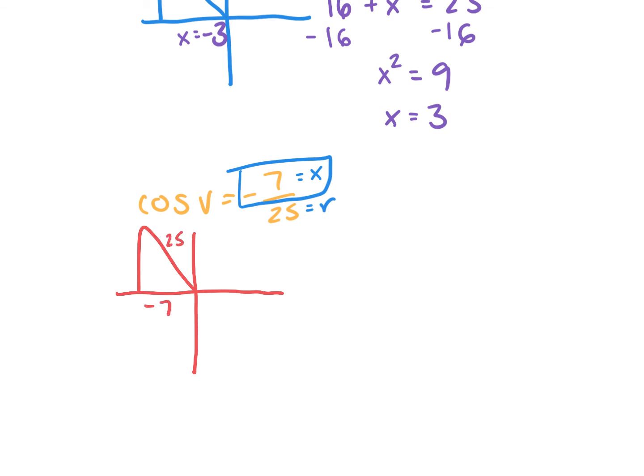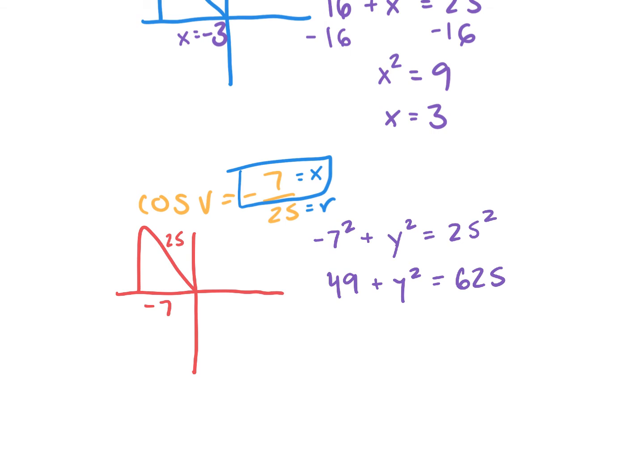So I have to find y. How do I find y? Pythagorean theorem. So I have negative 7 squared plus y squared is equal to 25 squared. So 49 plus y squared is equal to 625. Minus 49.